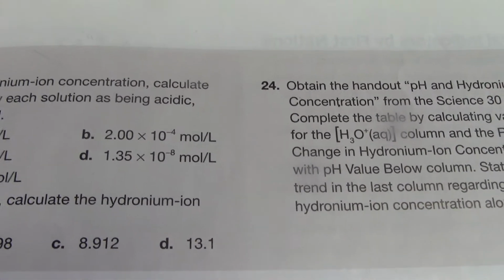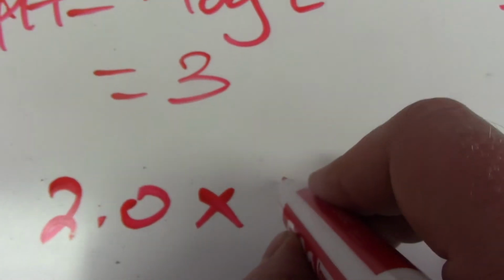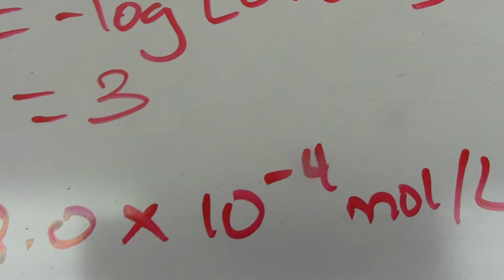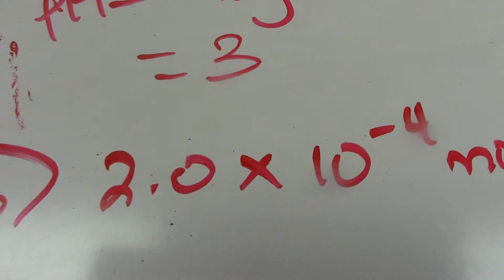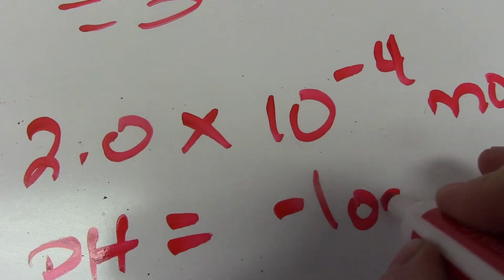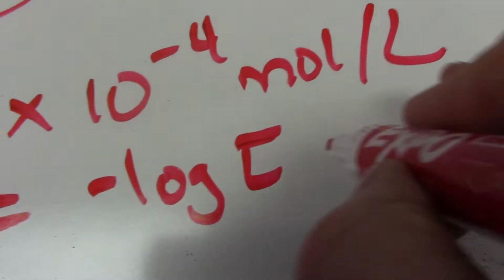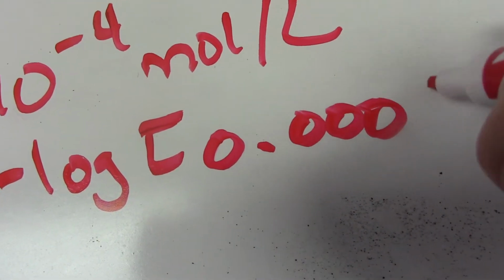Let's look at B. B says 2.0 times 10 to the negative 4 moles per liter. So calculate the pH. That is the negative log of 0.0002.